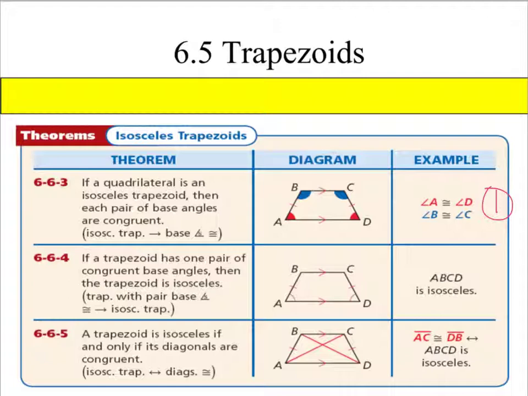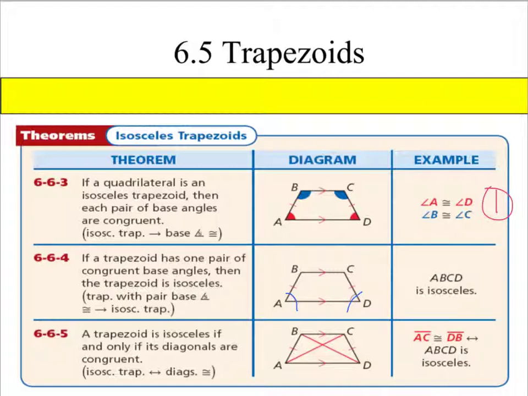All right. Next one, 6.6.4. It says if a trapezoid has one pair of congruent base angles, then the trapezoid is isosceles. If you look at this, notice that just your base angles here have to be congruent.